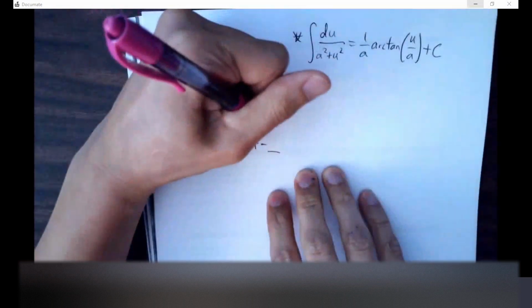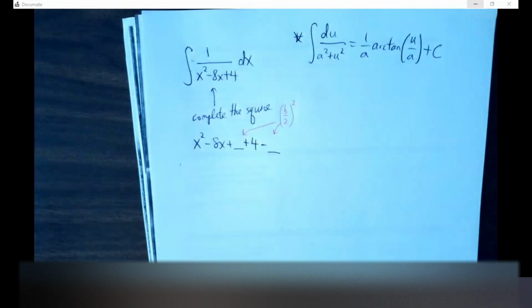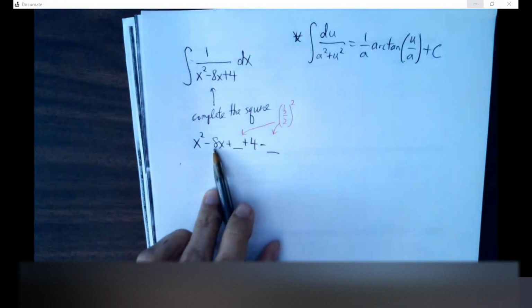And what goes in the space is b over 2 squared. Our b value is this -8. -8 divided by 2 is -4. And it doesn't matter if it's negative or positive because it's always going to end up being positive.